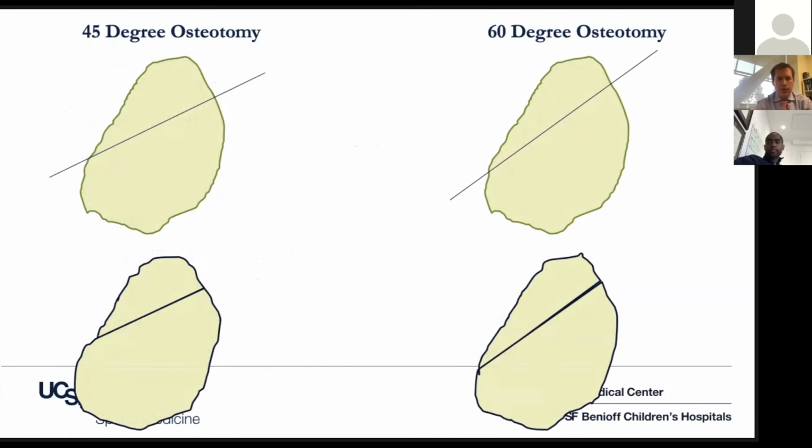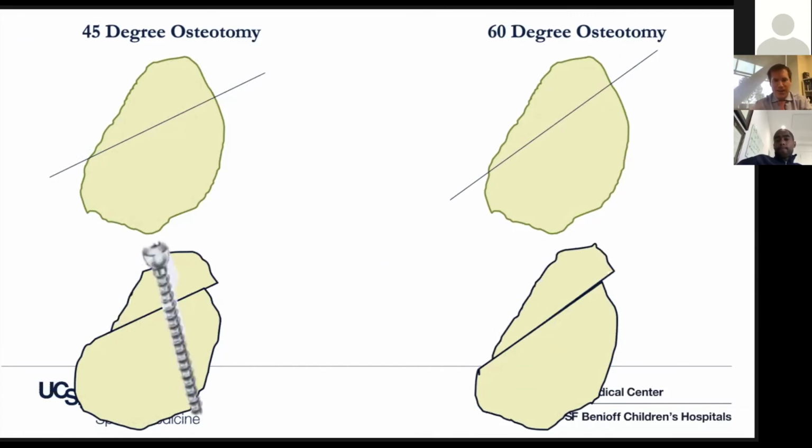With a 45-degree osteotomy, if you go back to geometry, we can achieve the same amount of medialization and anteriorization as we translate that, since it's 45 degrees. So for every millimeter we go medially, the same amount anterior, and we can fix that with a screw. And then with 60 degrees, we'll have an increased amount of anteriorization for the amount of medialization.